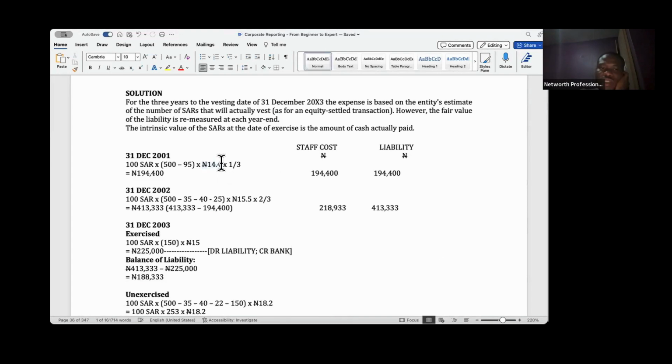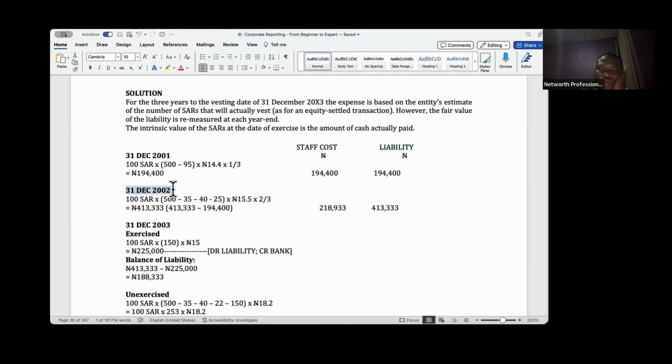This gives me the value of the rights for the entire period. I'm recognizing year one alone, so I multiply it by 1/3, and that gives me 194,400, which I will take to staff costs and liability in this case.